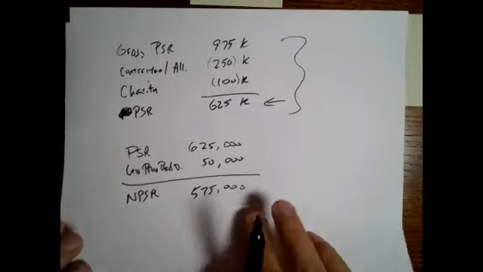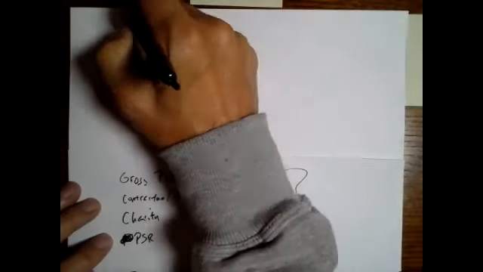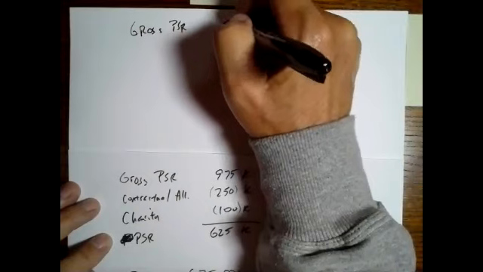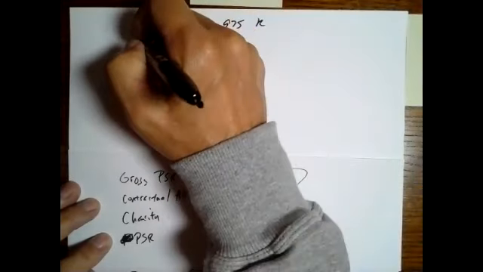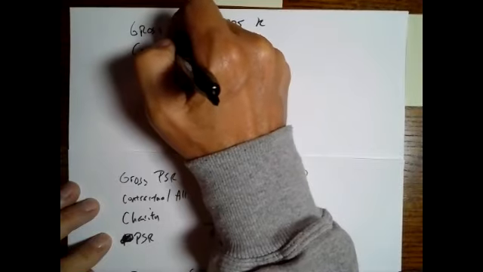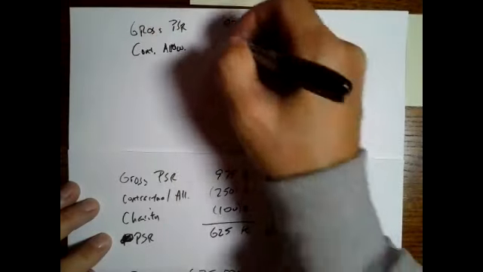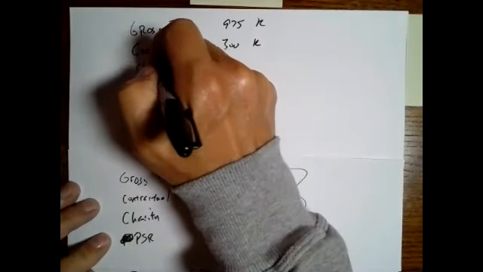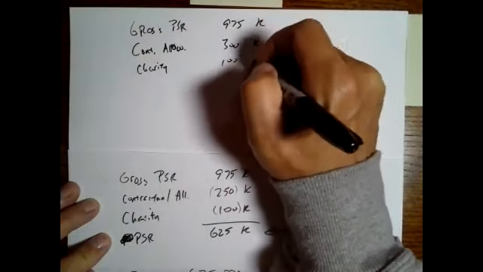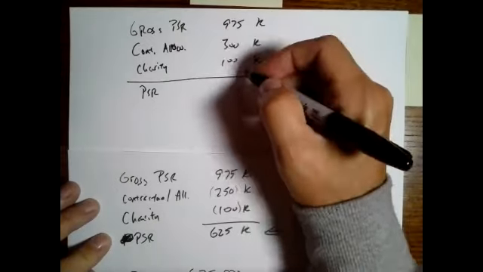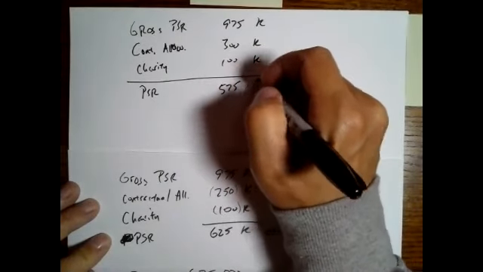All right, so if I'm going to restate, I'll just start this again. We had gross PSR of 975, contractual allowances of, instead of 250, it's actually 300, and then charity is correct at 100. Our PSR is 575.